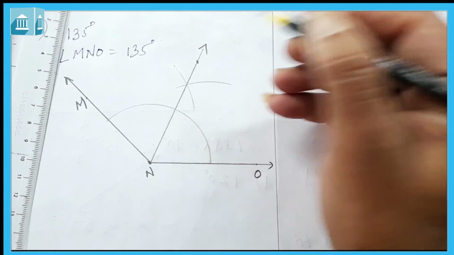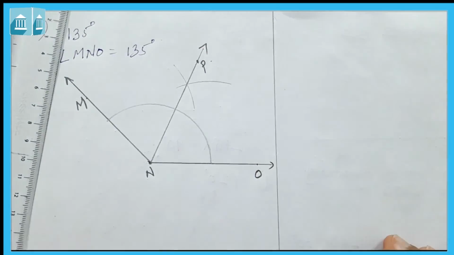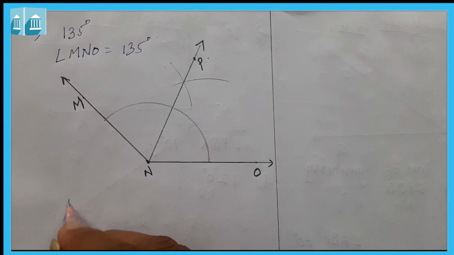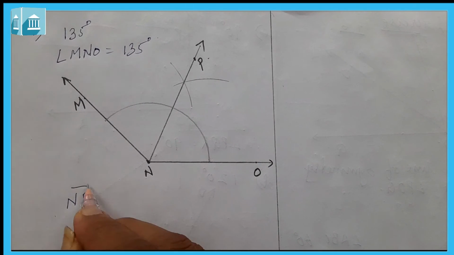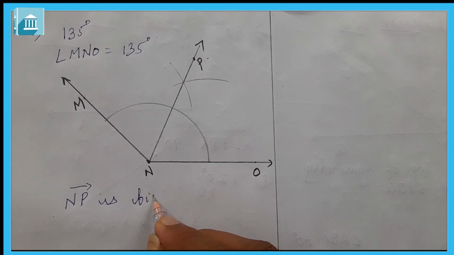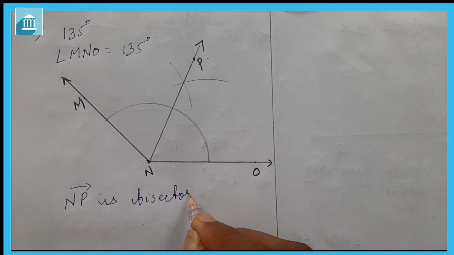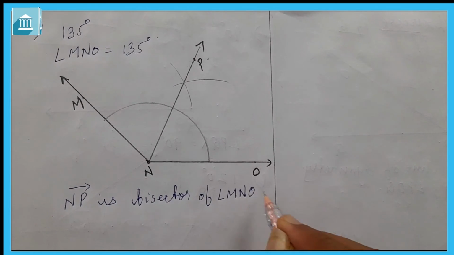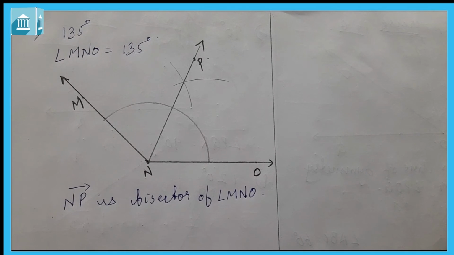Let it be P. So we can say here that ray NP is bisector of angle MNO.